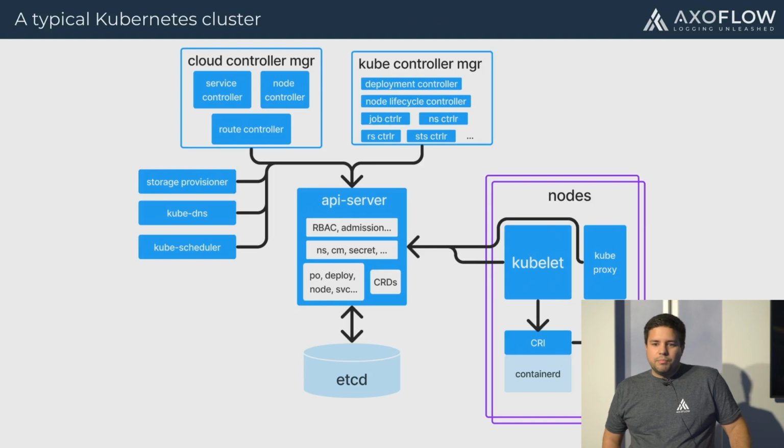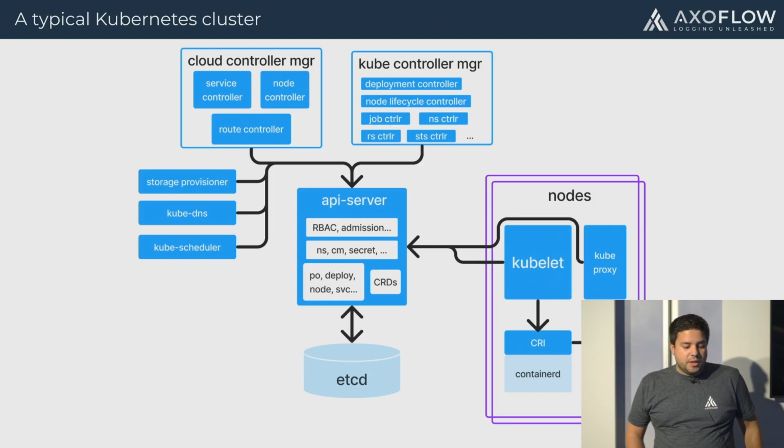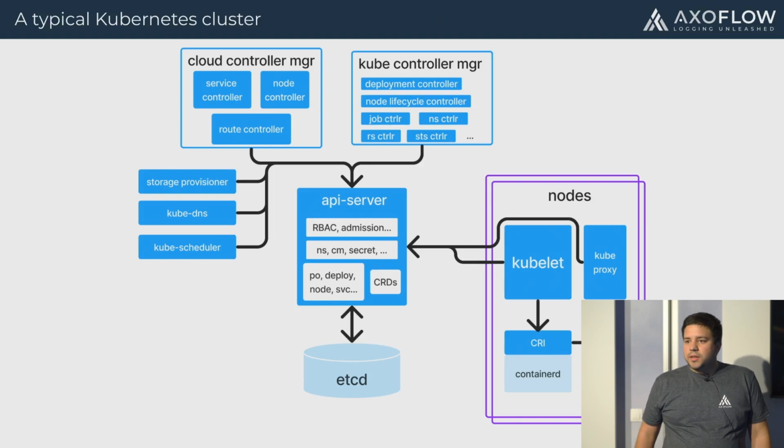Two big blobs of it are managed by the Cloud Controller Manager and the Kube Controller Manager. The Cloud Controller Manager is specific to the cloud where a Kubernetes cluster runs. It takes care of services, nodes, and routes. These are the most important controllers within that group.